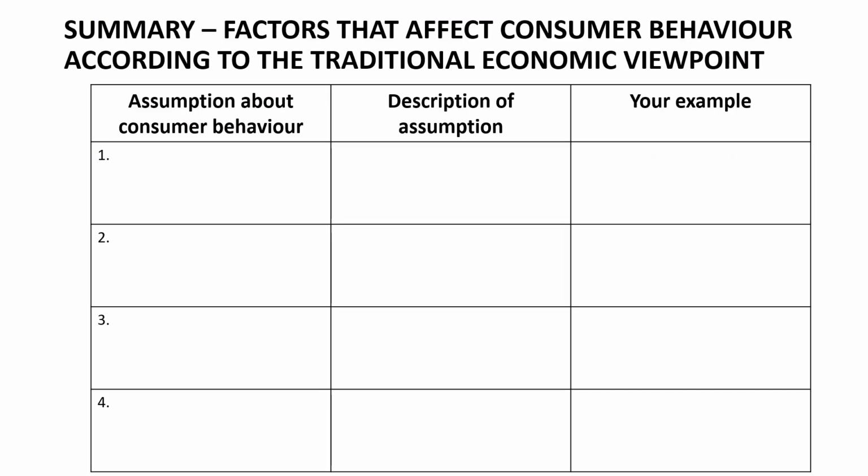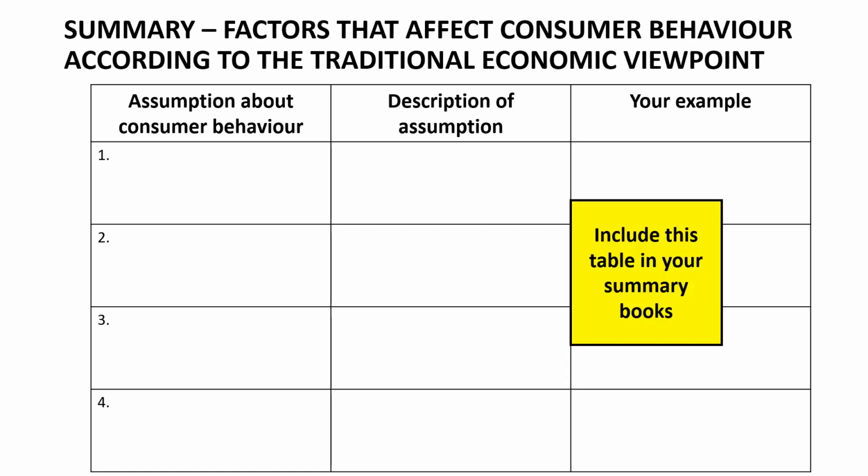I have classified the factors that traditional economic theory assumes to affect consumer behaviour in relation to decisions about the purchase of goods and services into 4 groups. What I would like you to do now is to draw up this table in your summary books.